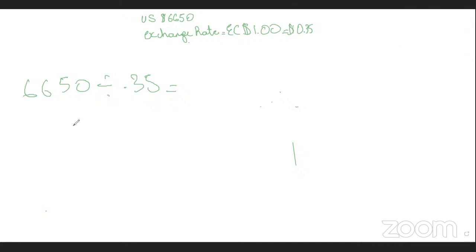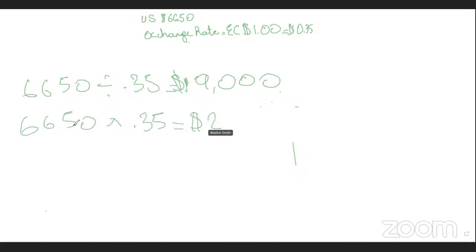$19,000. 1,900, yeah, 19. When I multiply, it's going to be 23,275. You got that, Melody? 23,000. 200.